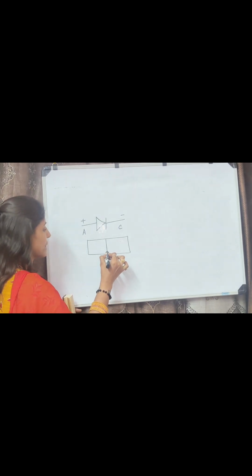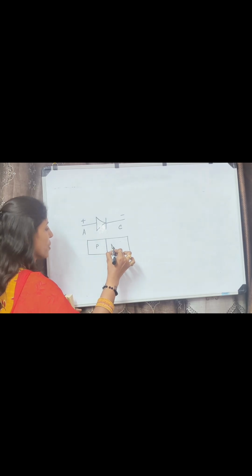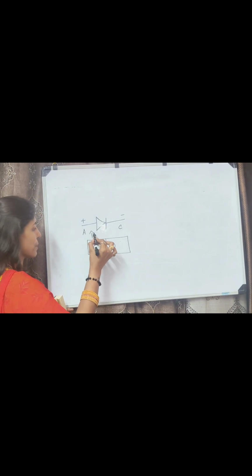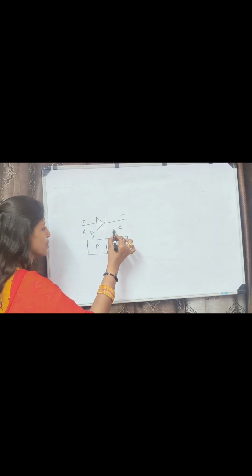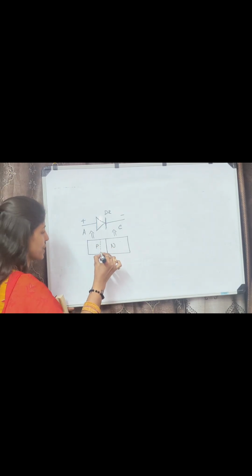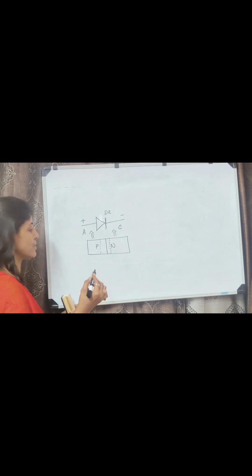By the combination of a P region and an N region. This is your P region and this is your N region. This line is your depletion region, created near the junction.